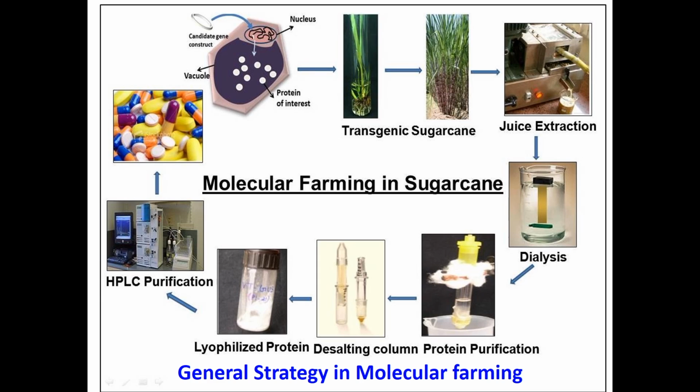Again these plants are confirmed for the presence of the transgene and the marker gene. Then we grow them to a reasonable height, as sugarcane is a 12-month crop. We grow them for at least 10 to 12 months. Then from the 10 to 12 month old plant we extract the juice.